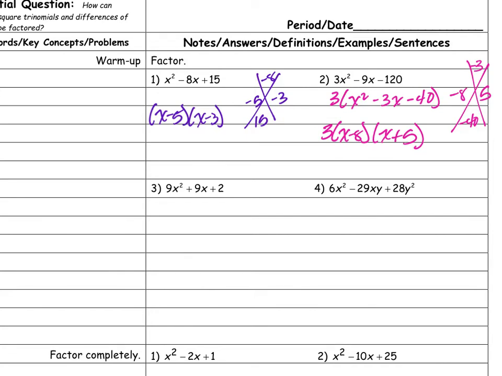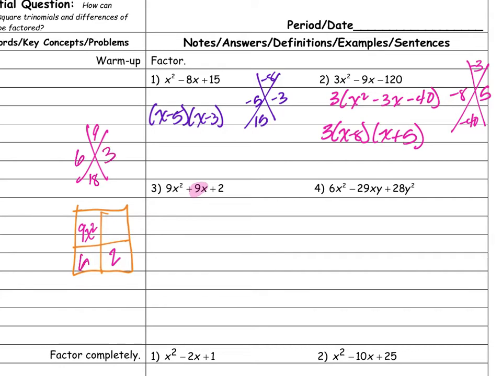And then for the third one, I'm going to do my little box method. And I have 9x squared and 2. And then I need two numbers that still add up to be that middle number, which is 9. And it needs to multiply to be 9 times 2, or 18. 6 and 3.